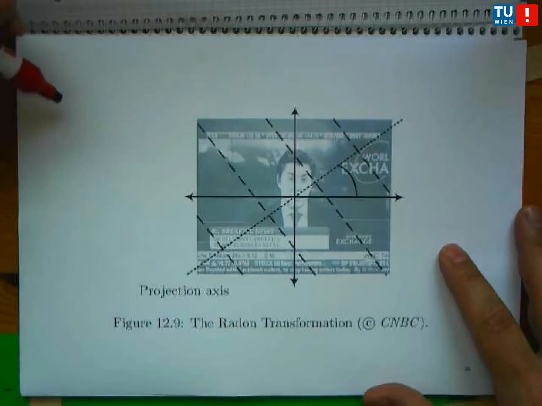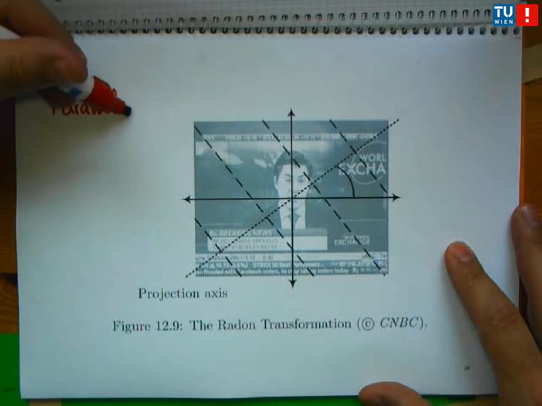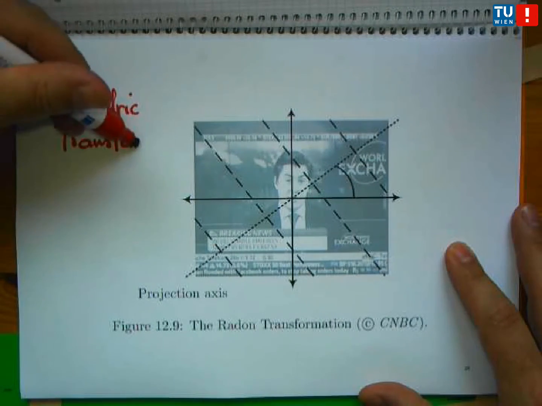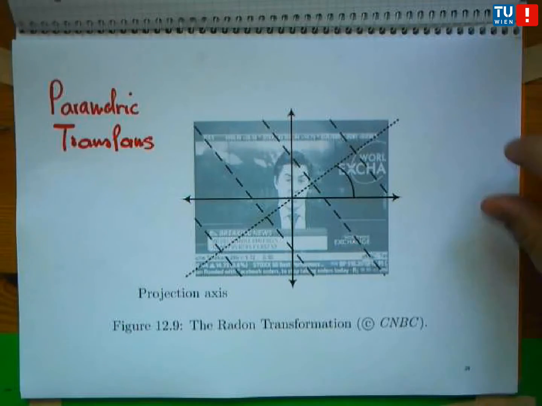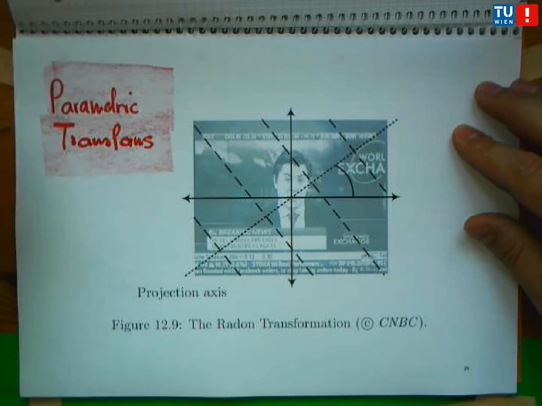integral transform. But before we go to the features, very briefly I want to show you two so-called parametric transforms. What's the difference? Integral transforms, we said, guarantee a way back.